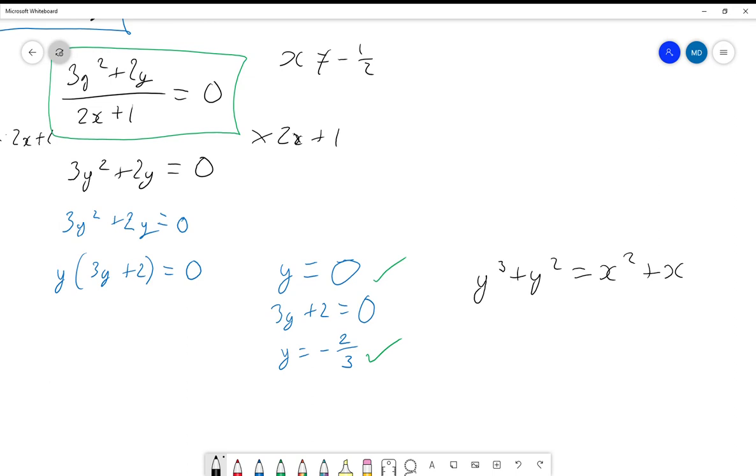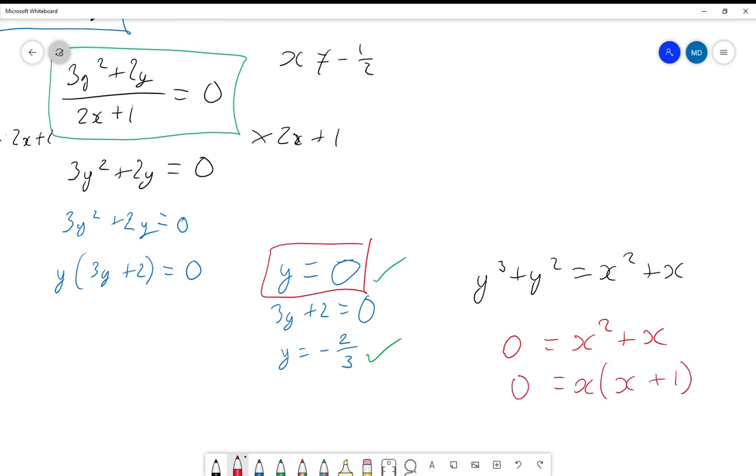If I put in y equals 0, I'm going to get 0 is equal to x squared plus x, and that factorizes to x lots of x plus 1 equals 0, and that gives us x equals 0 or x equals negative 1.